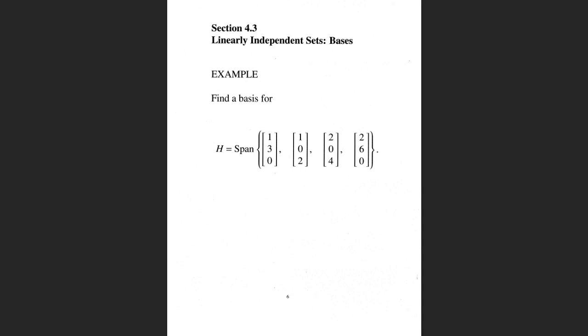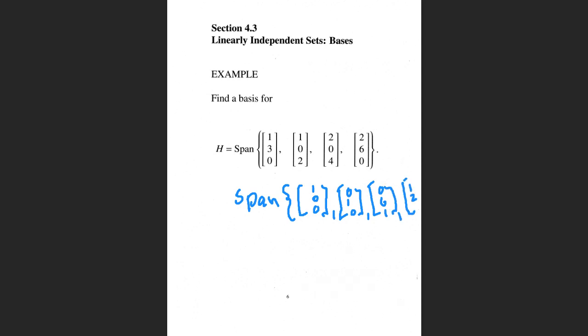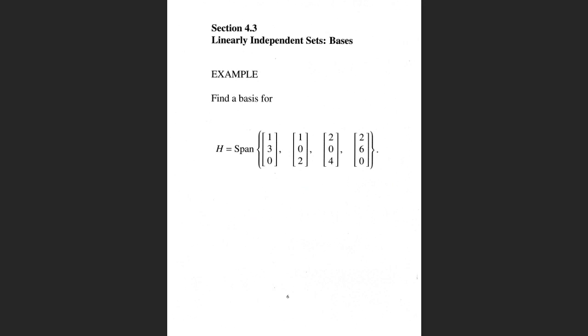So let me ask you this. If this problem said find a basis for the span of these vectors, let's say that you had 1, 0, 0; 0, 1, 0; 0, 0, 1; and 1, 2, 3.